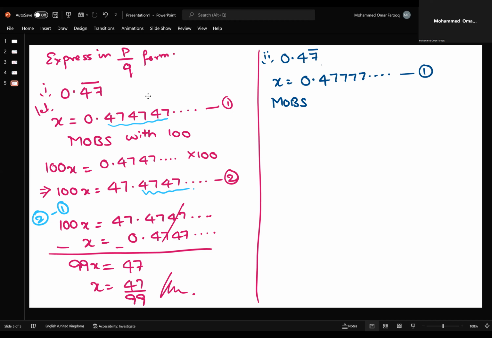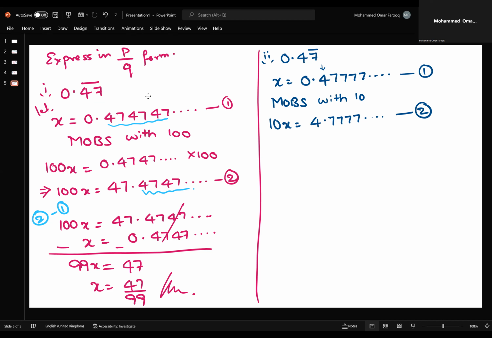How many non-recurring decimals are there here? 1. So you multiply on both sides with 10. So it becomes 10x equals 4.7777 and so on. So this is the second equation.